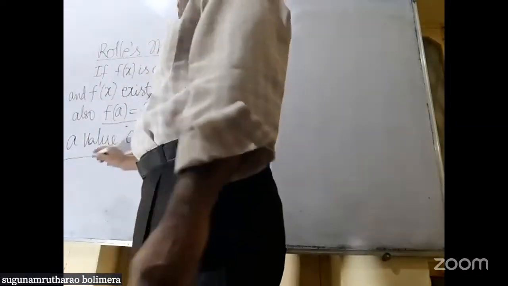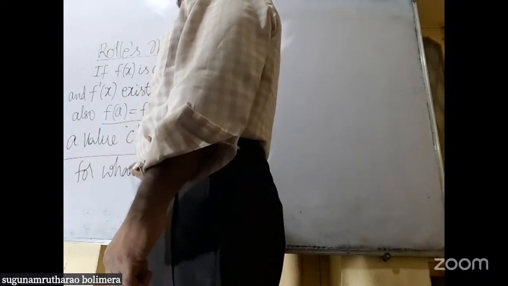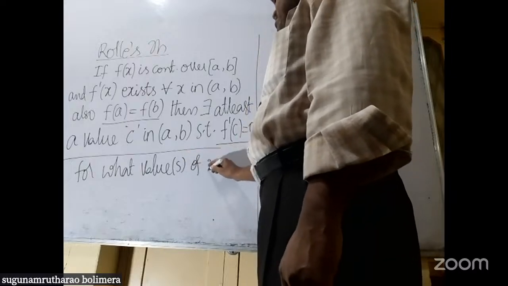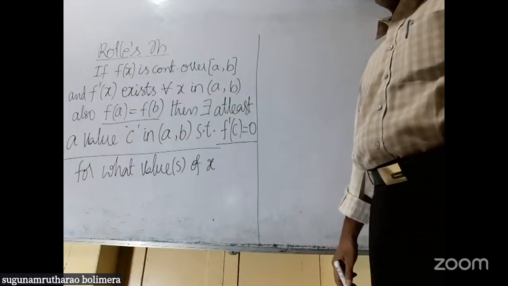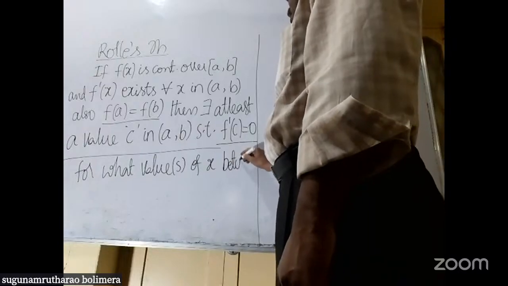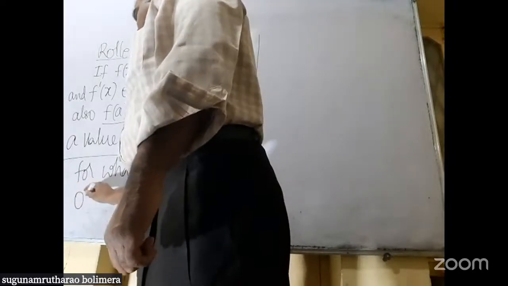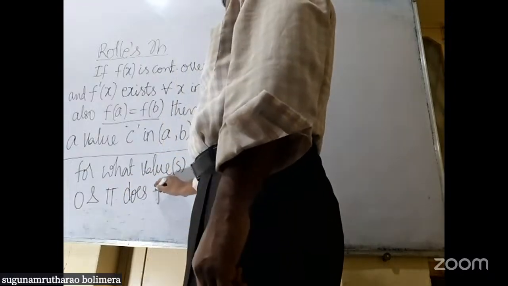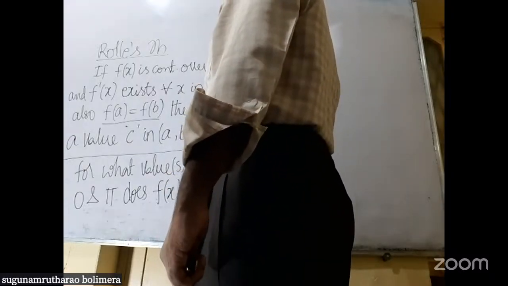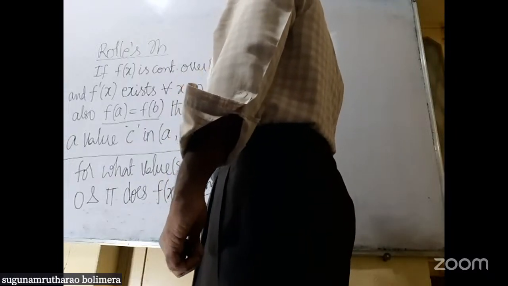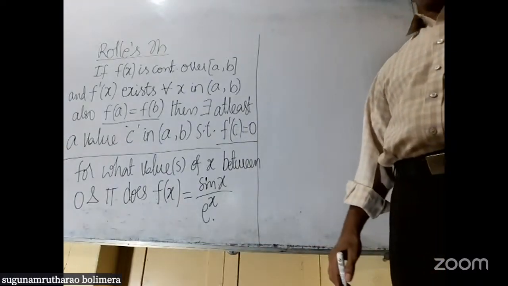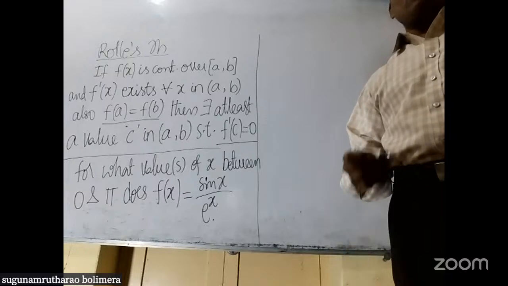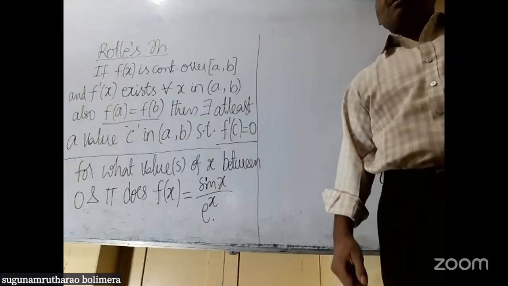For what values of x between 0 and 5 does the function f of x equals sin x by e power x satisfy Rolle's theorem?